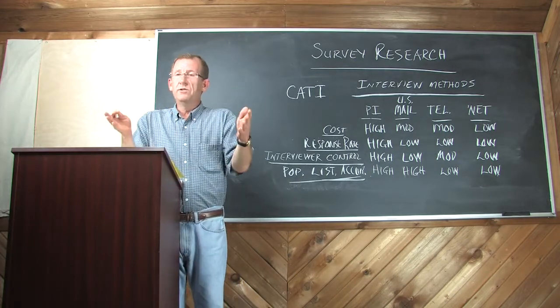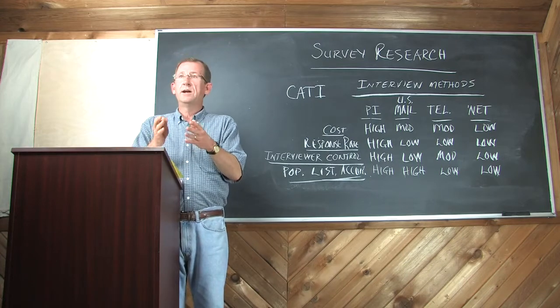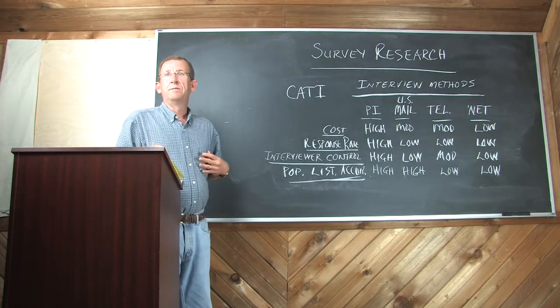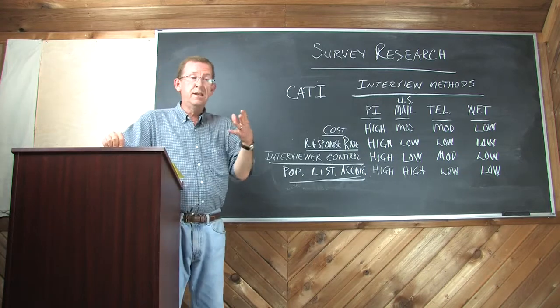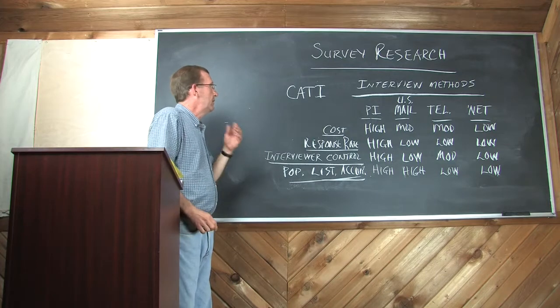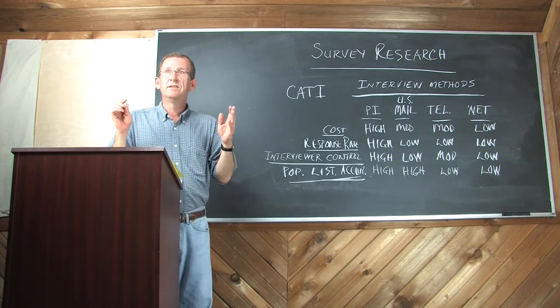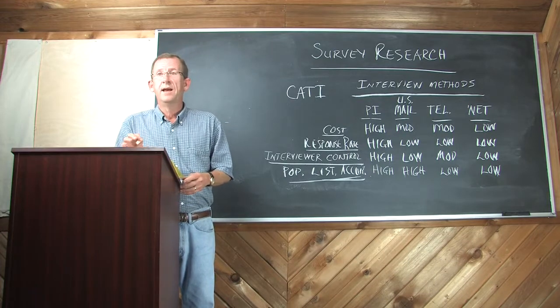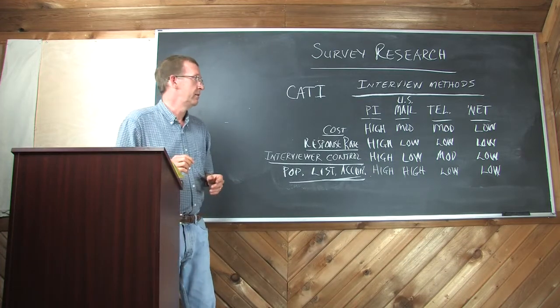So the computer's doing all the work, dialing the phone, categorizing telephone numbers instantly if there is no real number there, and so forth. And the interviewer here does virtually nothing except read the question and record the answer, again, on a computer.